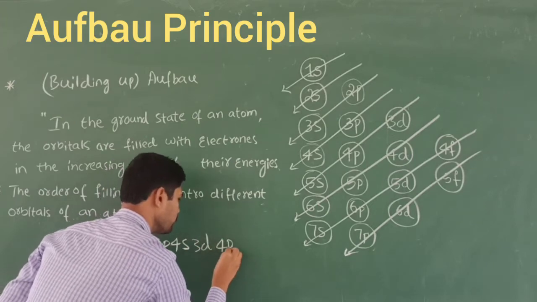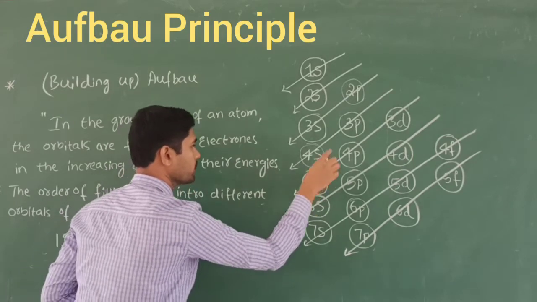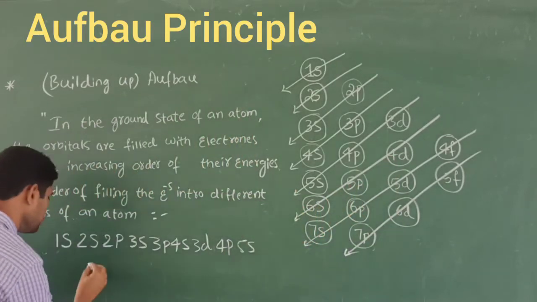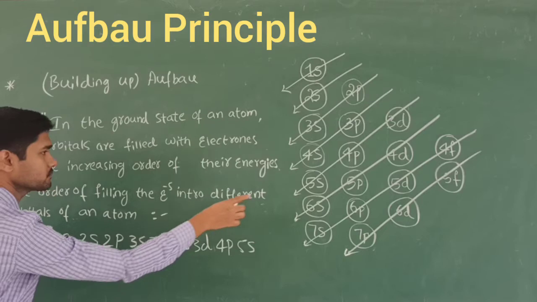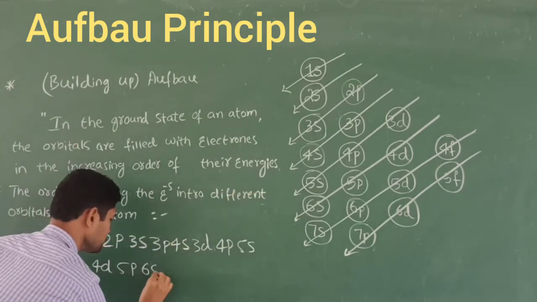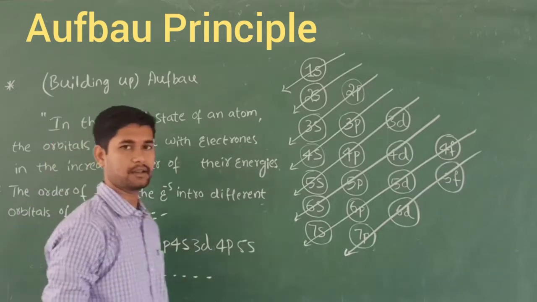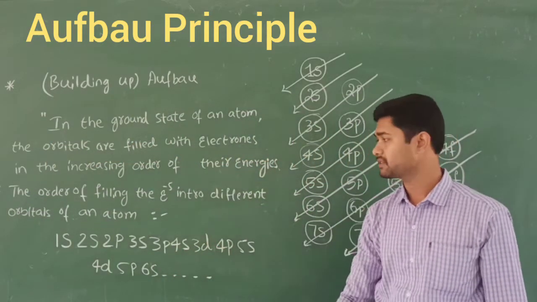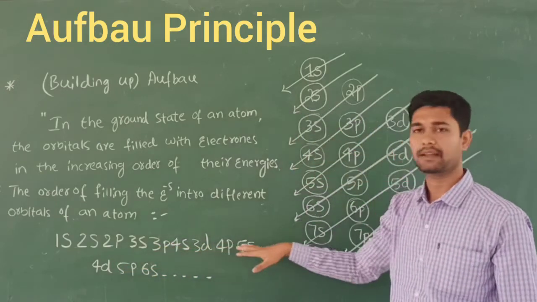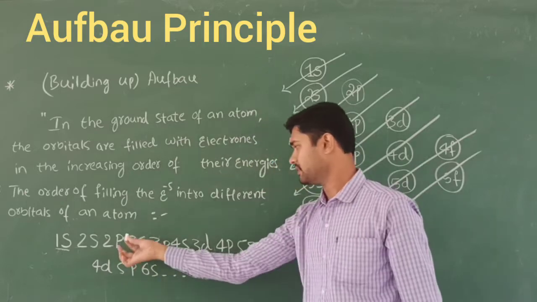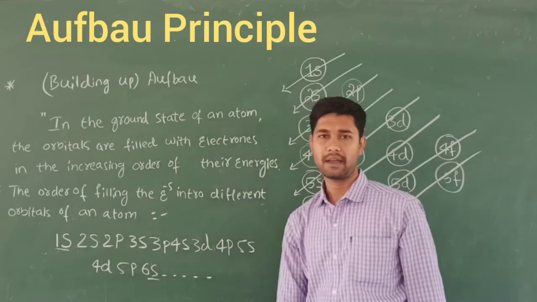Next comes 4d, 5p, 6s, and it continues like this. This is the order of filling of electrons in the increasing order of their energies. 1s is the lowest energy, and 6s will be higher energy.